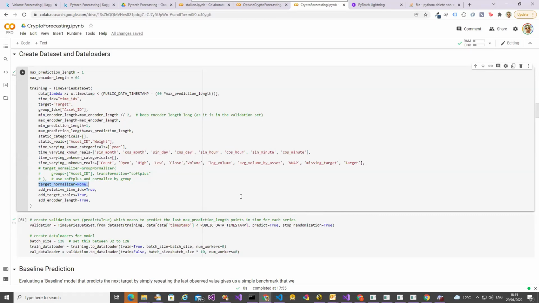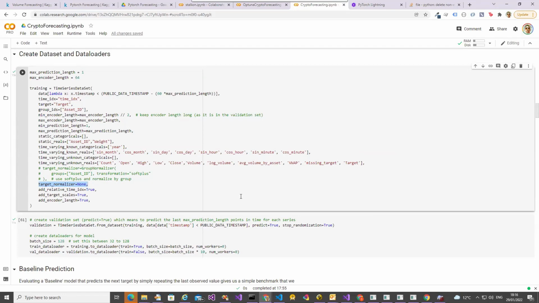It would be a good thing to do, because if the target you're predicting is widely different for different coins, then the group normalizer normalizing based on asset ID would work well. I didn't quite get why you would add softplus, so you can remove softplus, or give it no transformation and give it just groups as asset ID, because I thought that would normalize the target based on the asset. But if you're getting zeros, that's interesting.